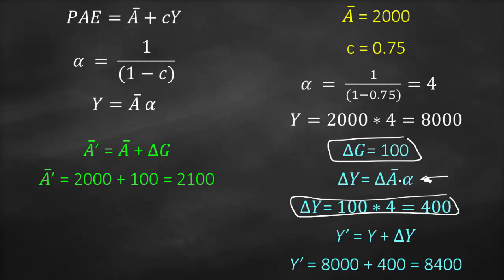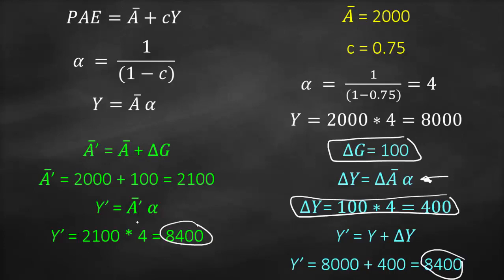So this will give us 2,100. Then our new output level will be our new autonomous spending multiplied by the multiplier. So I will get A bar prime multiplied by the multiplier, which is equal to 2,100 multiplied by 4. This will give us 8,400. As you see, we get exactly the same answer.